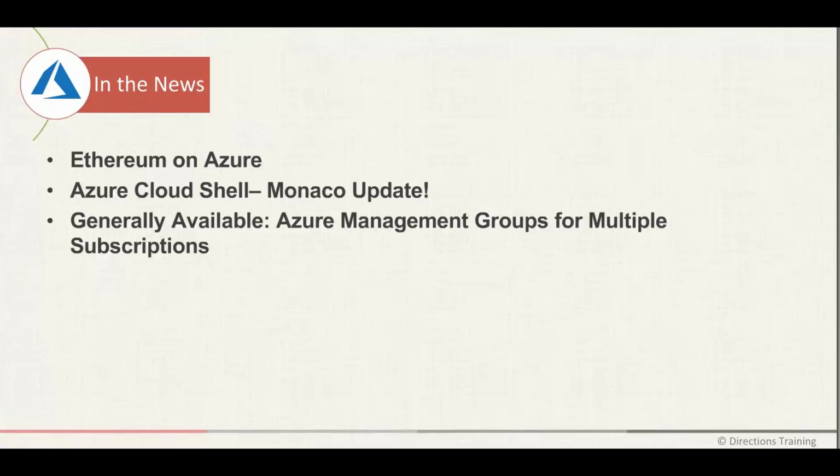All right, so next up is Azure Management Groups for multiple subscriptions. A lot of folks have the issue of working with multiple subscriptions, right? And so if you want to lock down and limit what folks can do across multiple subscriptions, Azure Management Groups are the way to make that happen.